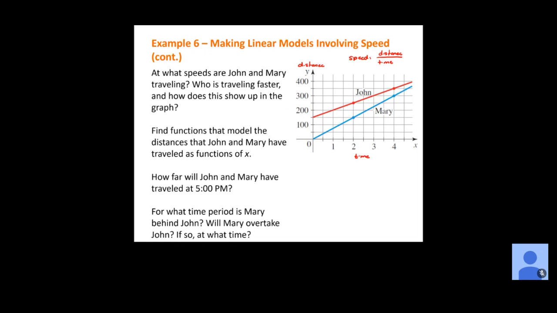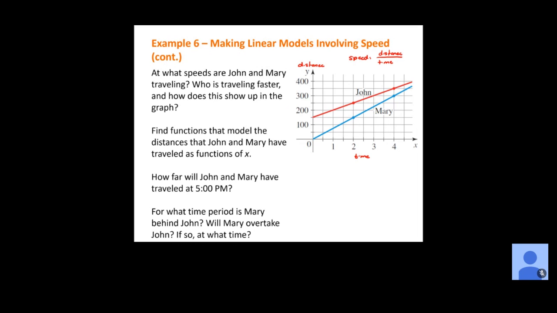Speed in a car is typically measured in miles per hour, miles being a distance, hours being a time, so our speed is a distance over a time. A distance over a time is just a rise over a run, which is the same thing as calculating a rate of change or a slope. So all we really need to find their speeds is the slope of each of those lines.